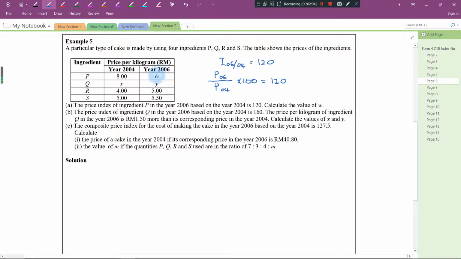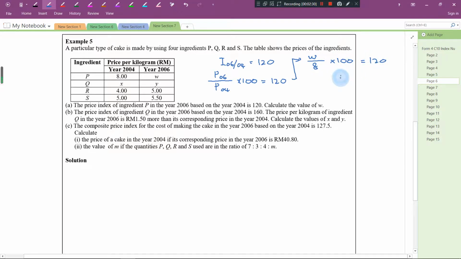Now, the price in the year 2006 is equal to W. The price in the year 2004 is equal to 8. Now, I'm going to plug in this value over here and this over here. W over 8 times 100 is equal to 120.